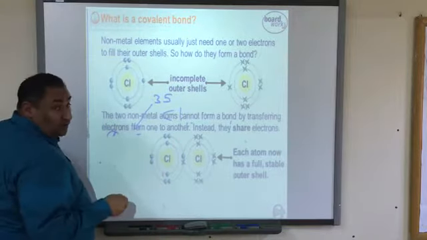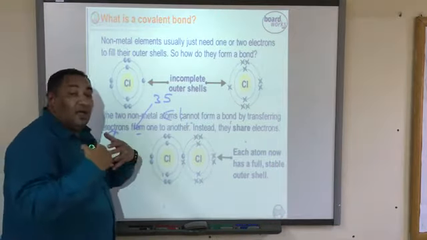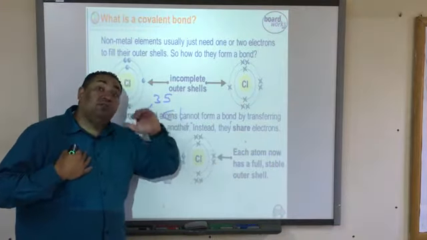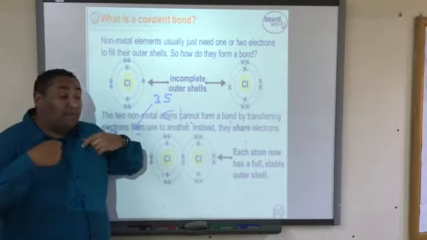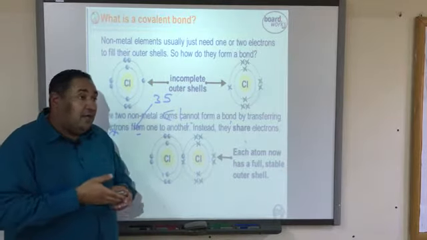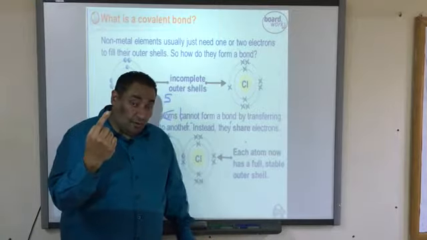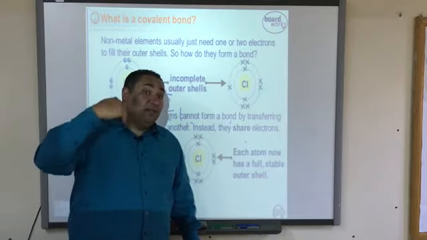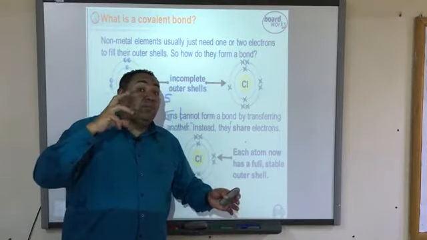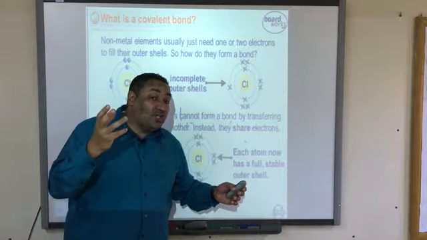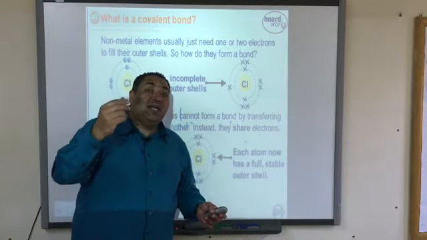Each one will share the number of missing electrons. I miss an electron to reach the perfect structure, so I share an electron. Chlorine is 2, 8, 7 and needs 1 electron, so it shares with another chlorine atom. But how many electrons? It will share the number it needs.